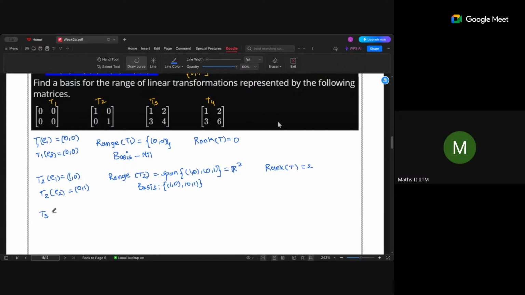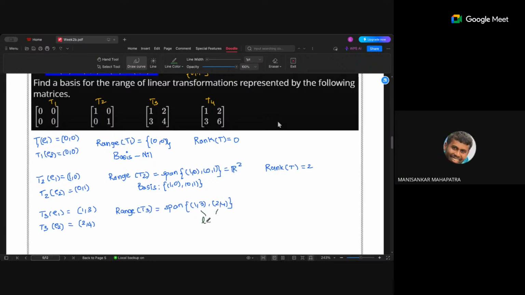What about T3 of E1? 1 3. And what is T3 of E2? 2 comma 4, right? Now, what is the range of T3? It is the span of 1, 3 and 2, 4. Are they linearly independent?